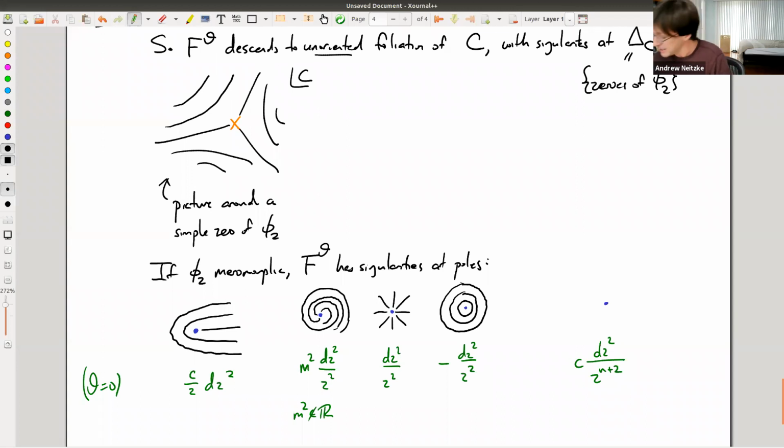So that can happen. And then if you have a higher order pole, it again attracts the leaves, but instead of attracting them isotropically, it attracts them in some specific directions. So there will be some n directions, asymptotic rays going into the singularity where the trajectories are going.